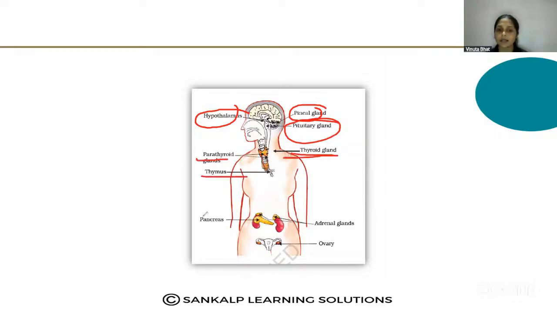The pancreas and the adrenal are also the same as in the male, and the female contains the ovary. So the ovaries are present in the female.